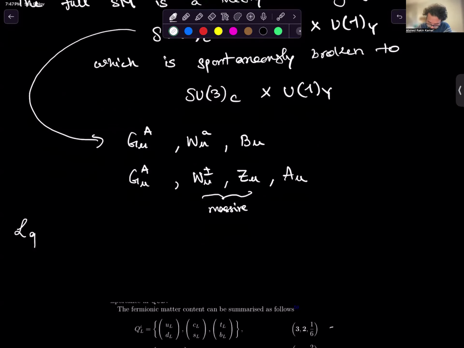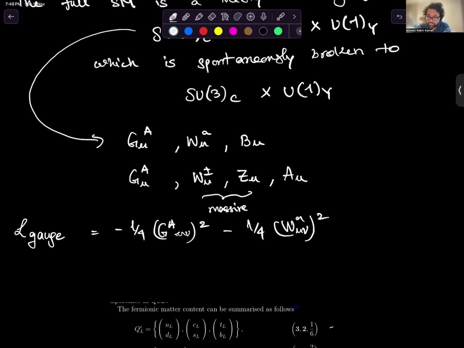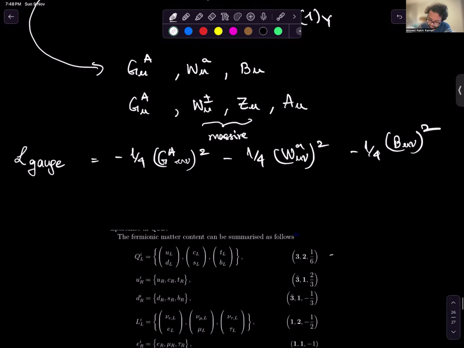So the gauge part is, plus the theta terms.